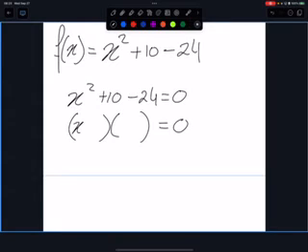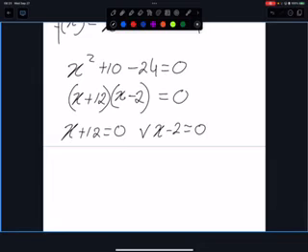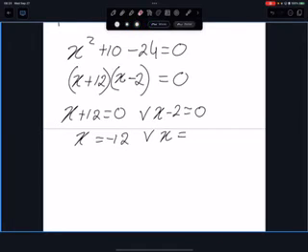Equals 0. So either x plus 12 is 0, or one of those two is 0. So x is either minus 12 or x equals 2. Done. That's it. Took me less than 10 seconds.